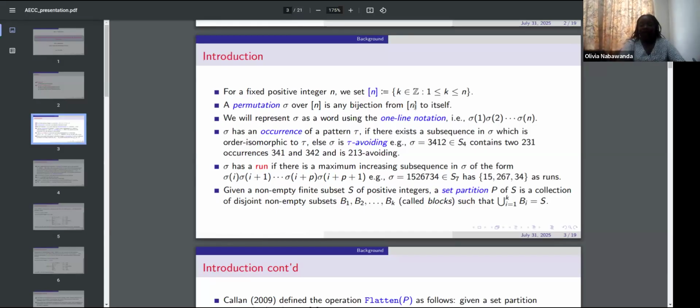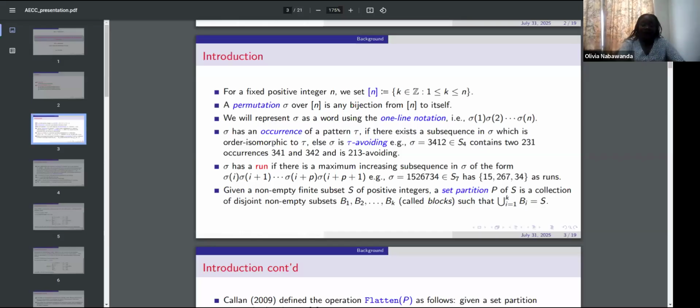And in this work, we shall be representing that permutation sigma as simply a word using the one-line notation. So we shall just be writing the images for each of the elements from the set n.